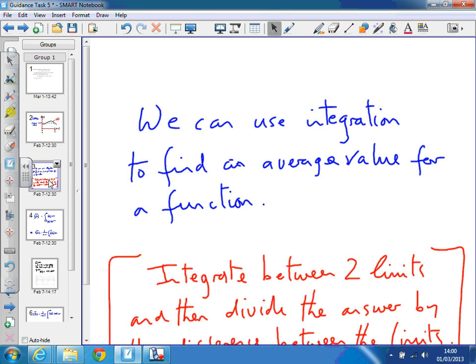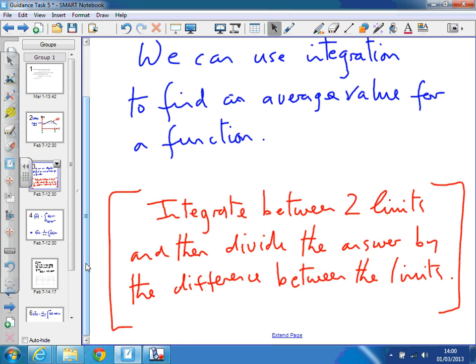And that's the process. You can use integration to find the average value for a function, and to do that we integrate between two limits, x1 and x2, or t1 and t2, and then divide the answer by the difference between those limits, t2 minus t1 or x2 minus x1, something like that.